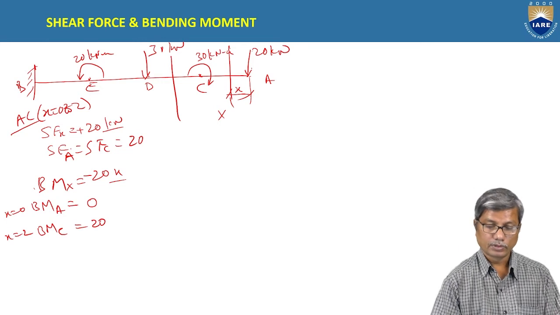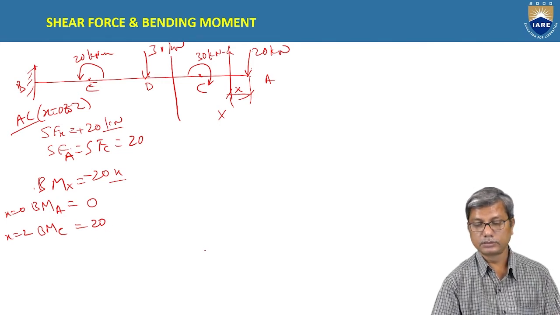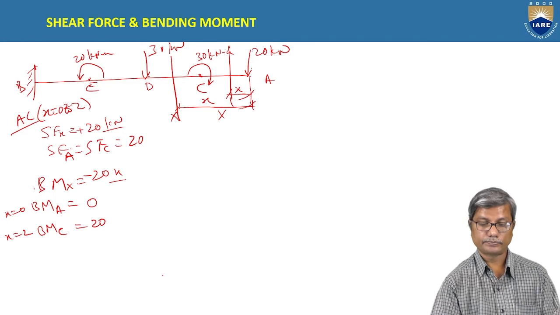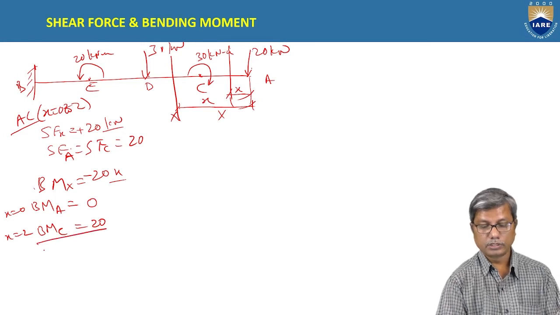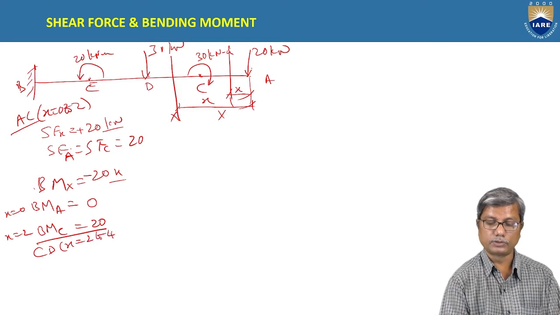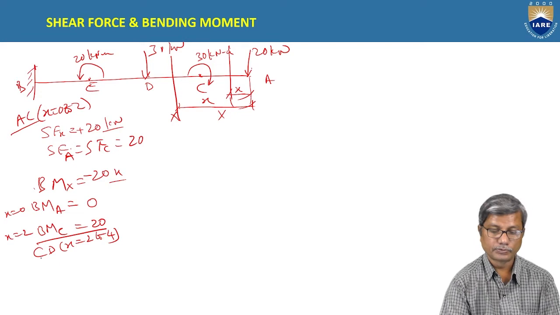Now consider the section between CD, again with origin at A. In portion CD, the limits of x are from 2 to 4.